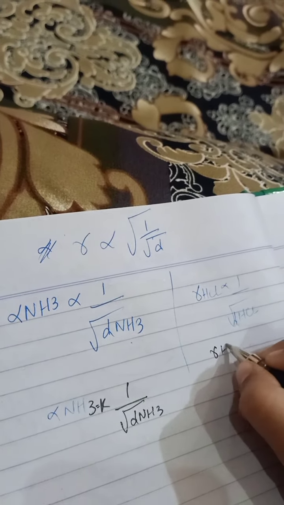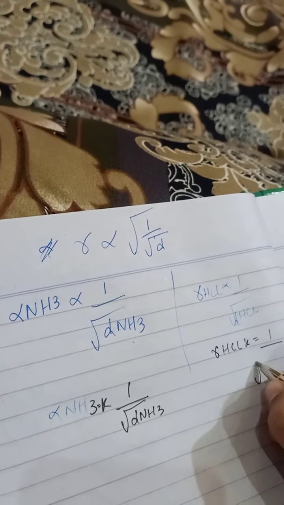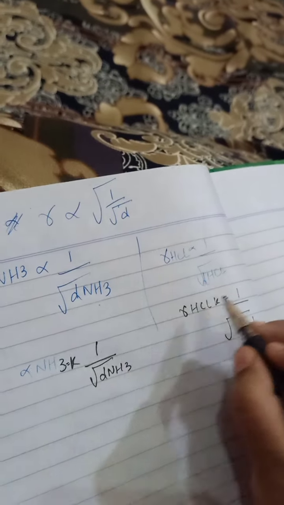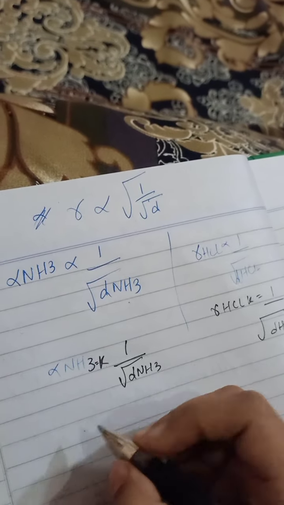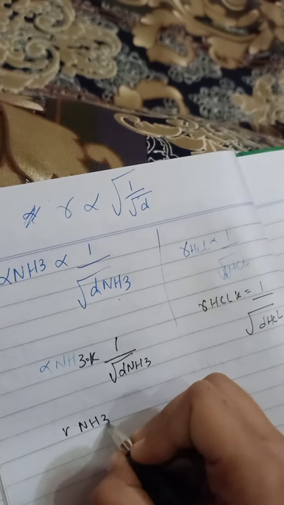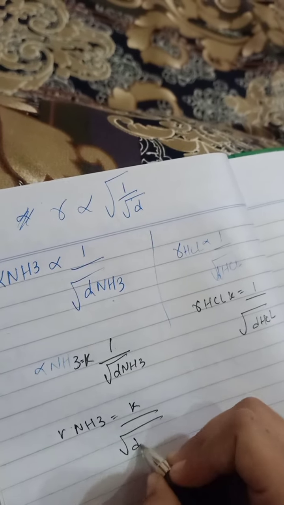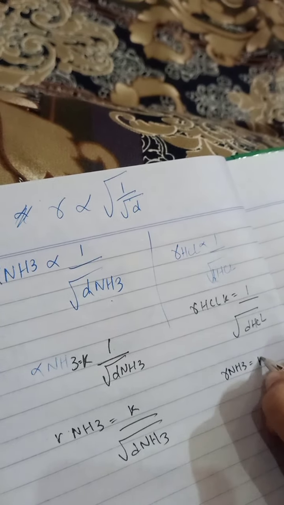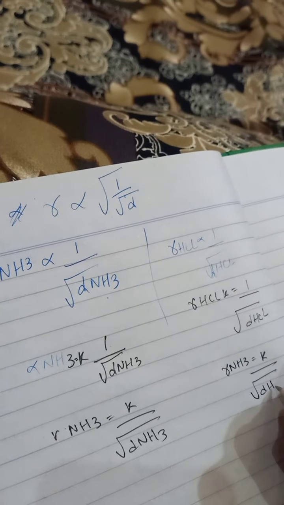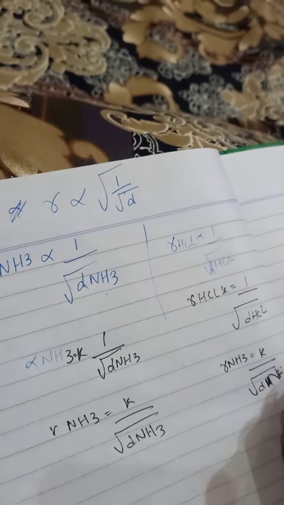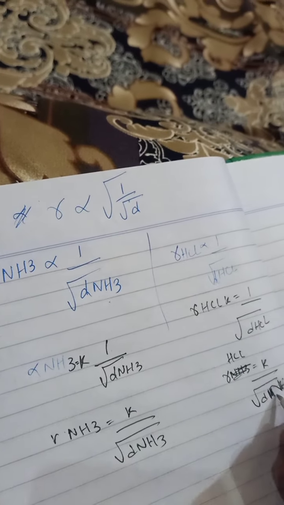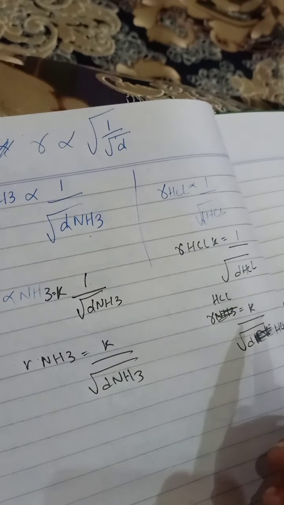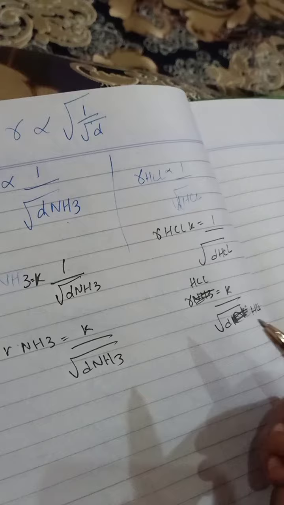The same will happen here for HCl. Now, rate of NH3 is equal to K1 upon density of NH3, and similarly for HCl. We divide both to obtain the ratio.